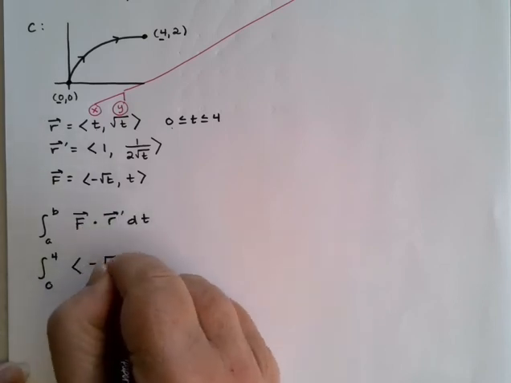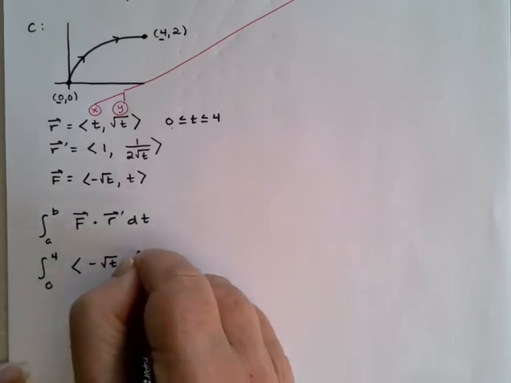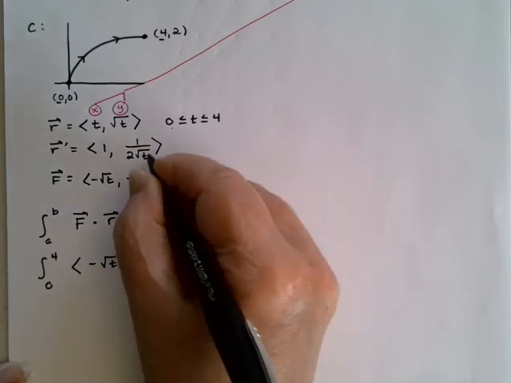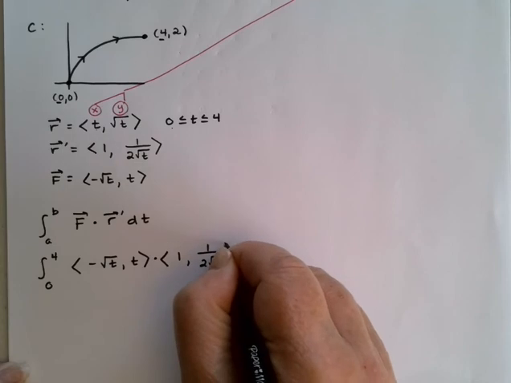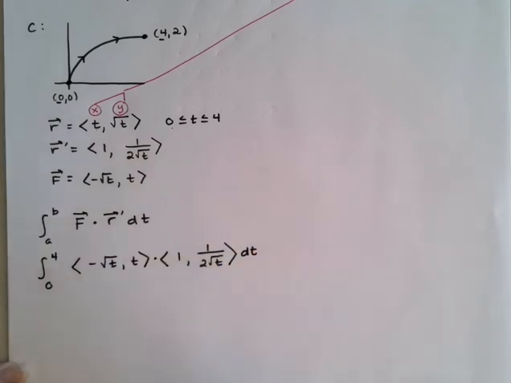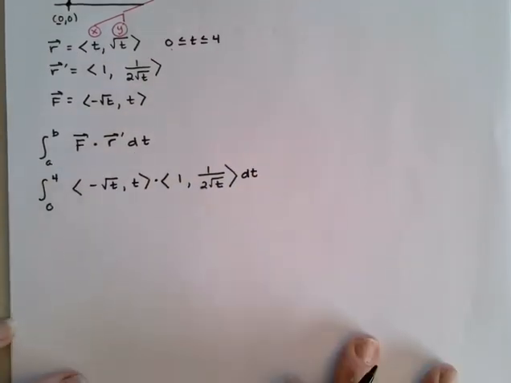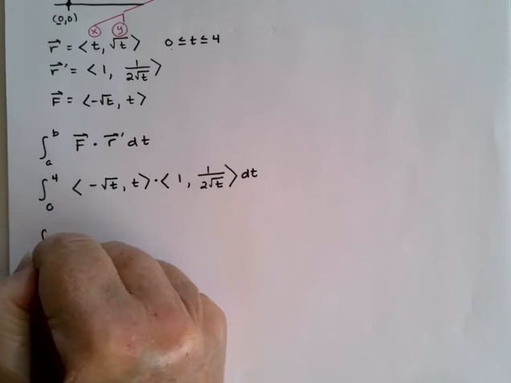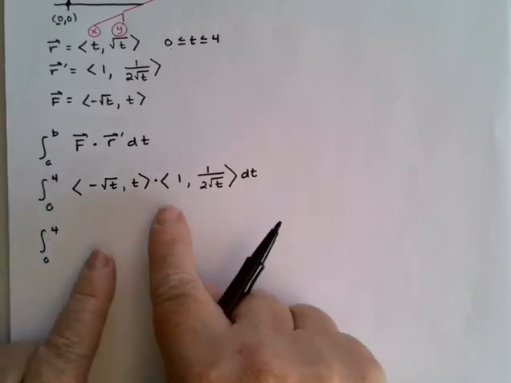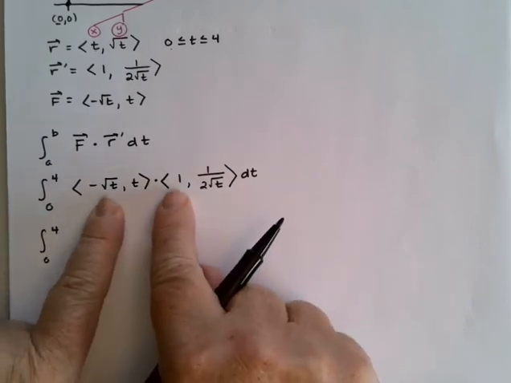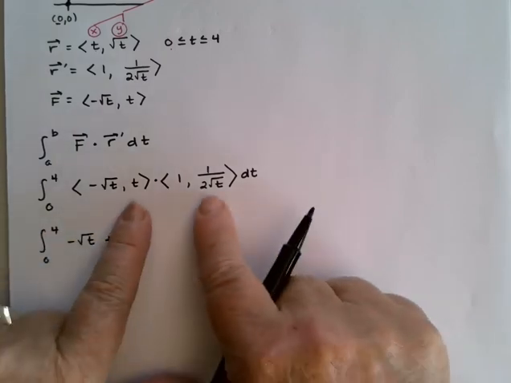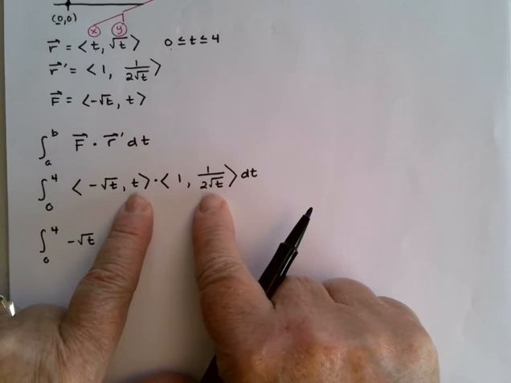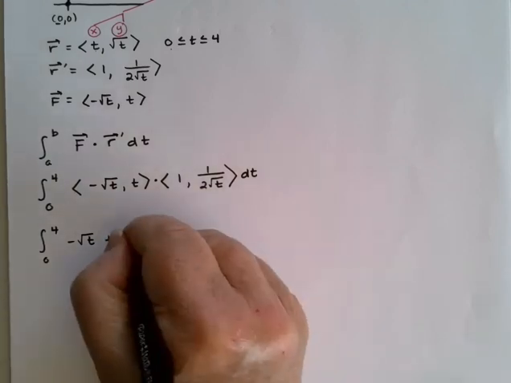I'll put in my f, dotted with the r prime. And doing the dot product, I'm going to get a minus the square root of t plus t over 2 square root t.